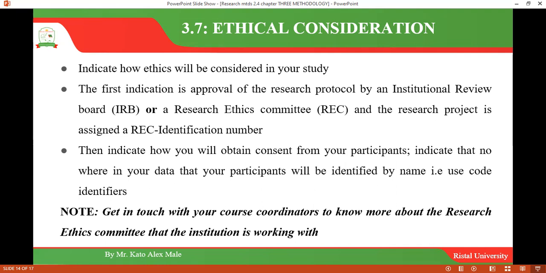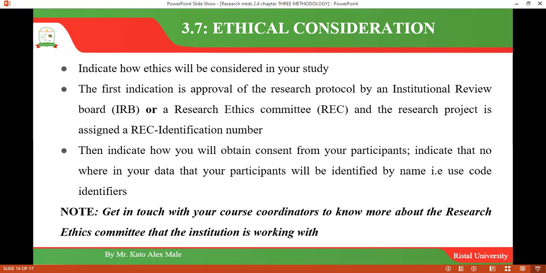So get in touch with your course coordinators. This is just a note. If you want to know more about the research ethics committee that your institution is working with, each and every institution has its own research ethics committee.